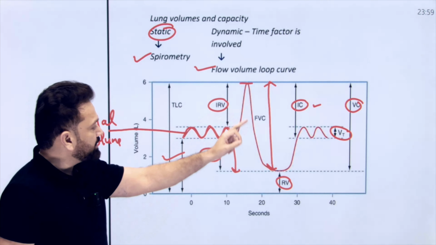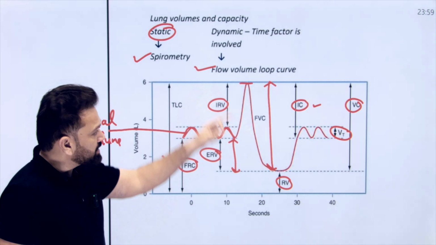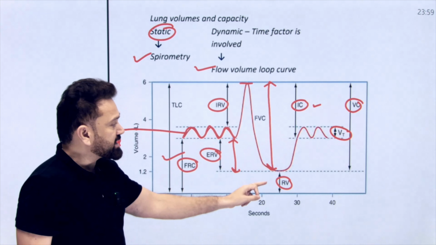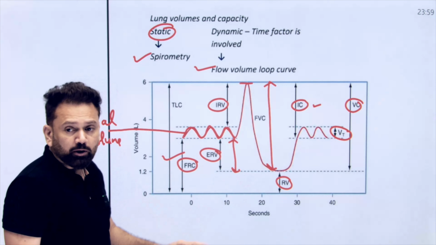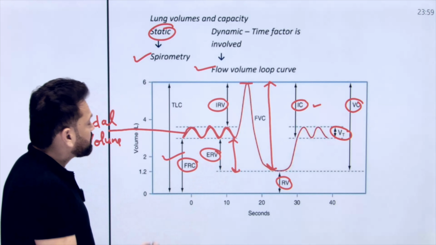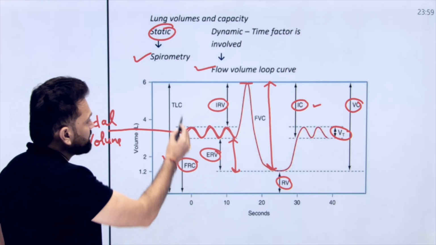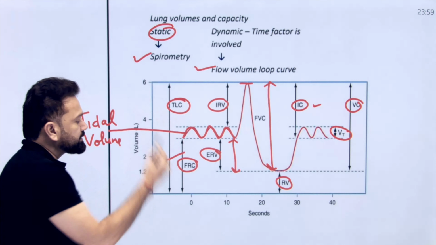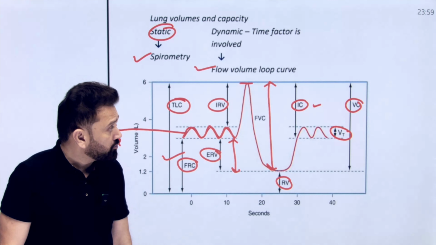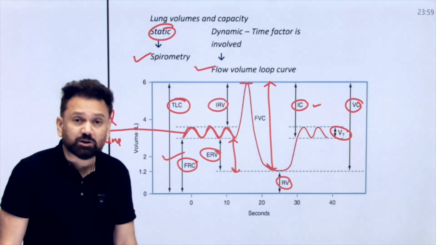In vital capacity, you are not going to include residual volume. And if you combine vital capacity with residual volume, this becomes total lung capacity. So total lung capacity is equal to vital capacity plus residual volume.